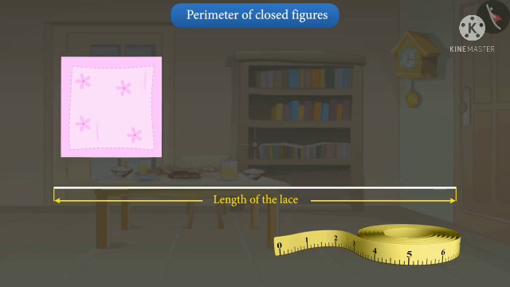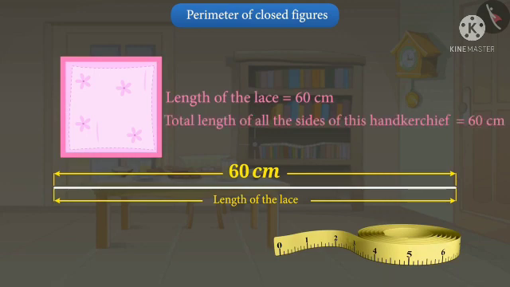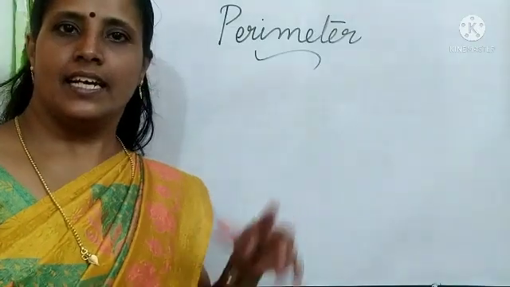In this way, she can say that she requires a lace of length 60 centimeters. We can say that the total length of all the sides of this handkerchief is 60 centimeters. Similarly, the length of the outline of any shape is called the perimeter of that shape.